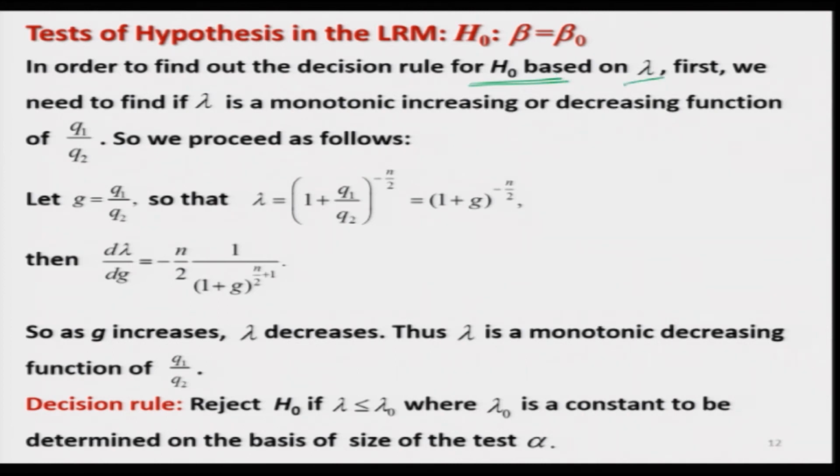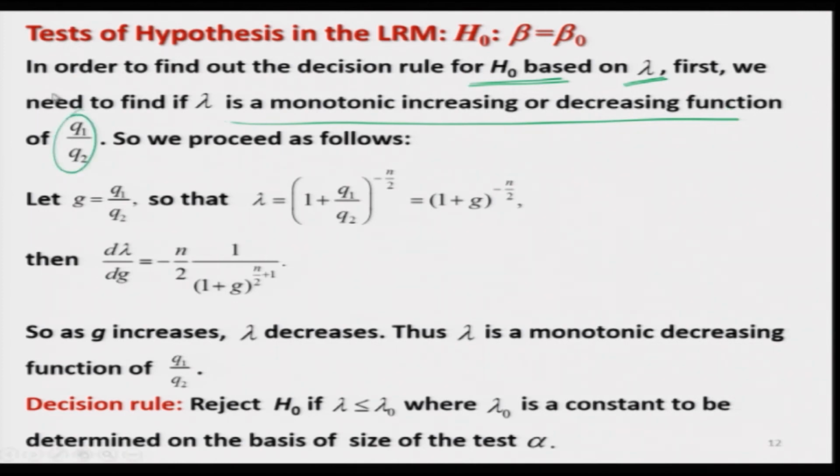So, now we would like to find the decision rule for testing H naught on the basis of the likelihood ratio test statistic lambda. In case you want to take this decision, first you need to know whether lambda is a monotonic increasing or decreasing function of Q1 upon Q2 or not. Why?